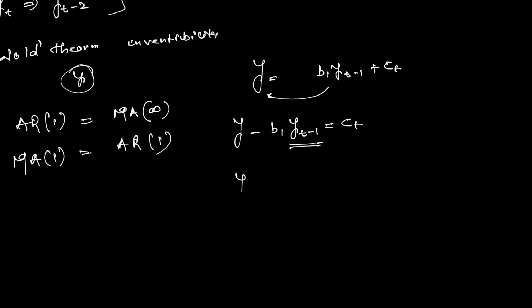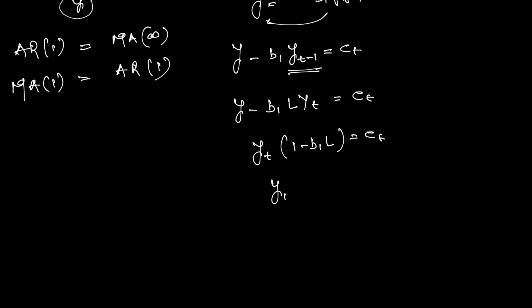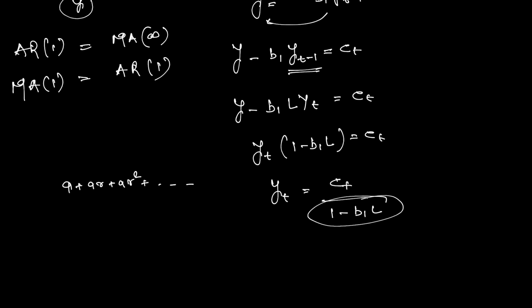I would convert it with the help of lag operator. yt minus b1 into L into yt is equal to error term. So I take yt common, that is 1 minus b1 into L times yt is equal to error term. yt is equal to et upon 1 minus b1 L. If you look at this carefully, this is equal to the summation of a GP series, a plus ar plus ar square till infinity.